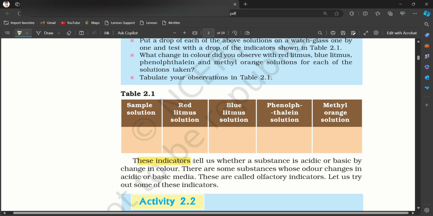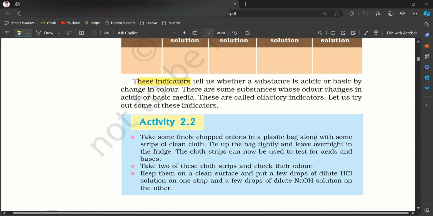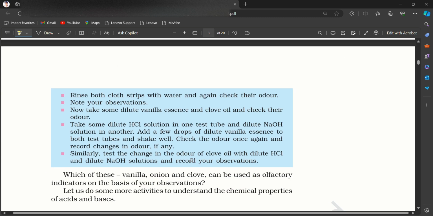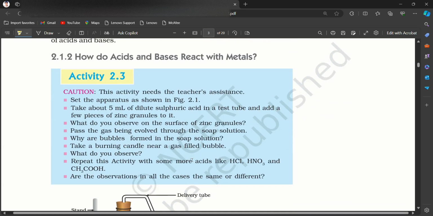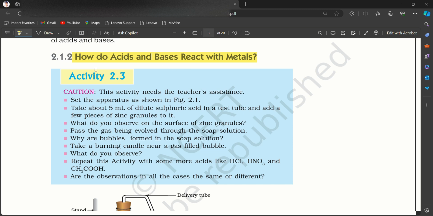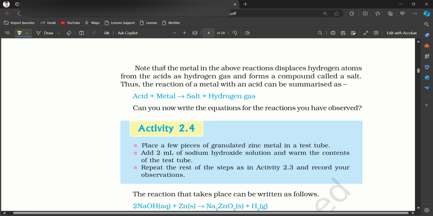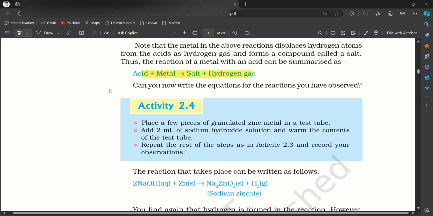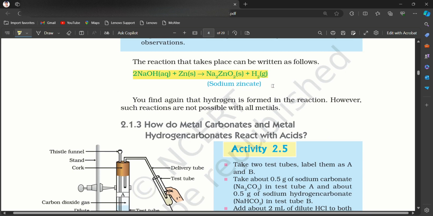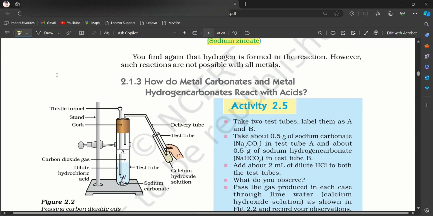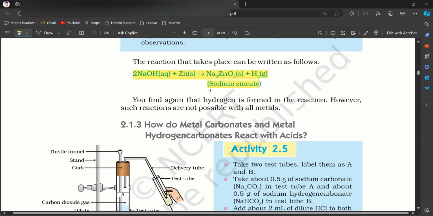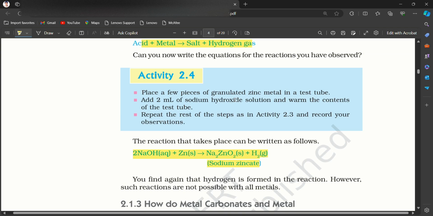Indicators, litmus paper, methyl orange, which tell about the difference between acids and bases. We also discussed how acids and bases react with metals. ये जिंक मेटल है.